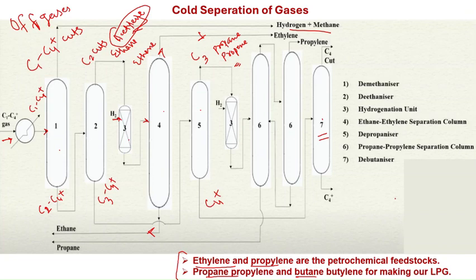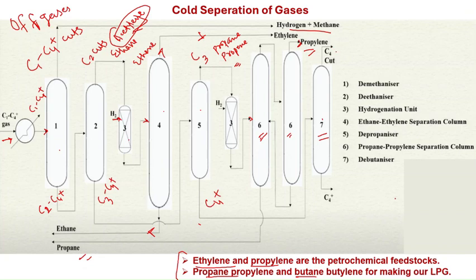After hydrogenation, it is sent into the depropanizer. After passing through the depropanizer, propylene is removed from the upper portion, and the lower portion gives out the propane. After that, the C4 plus cut is sent to the debutanizer.